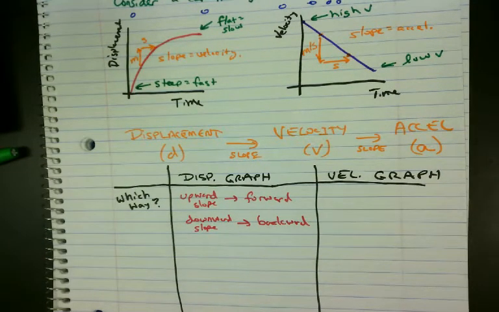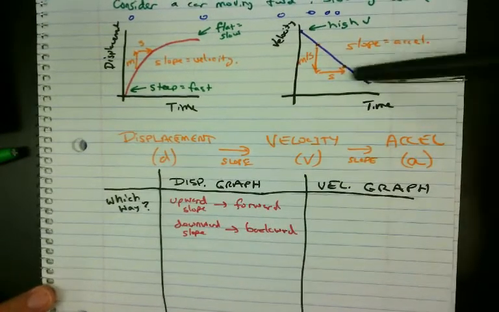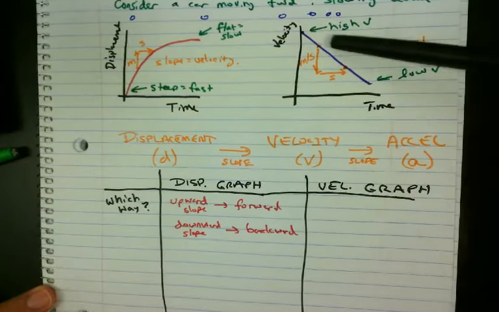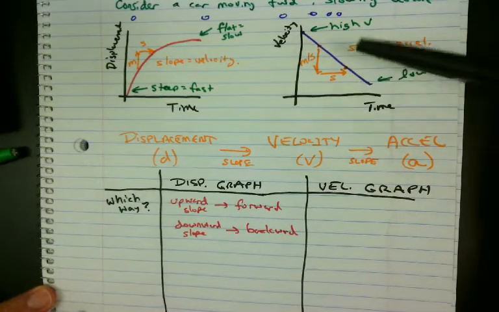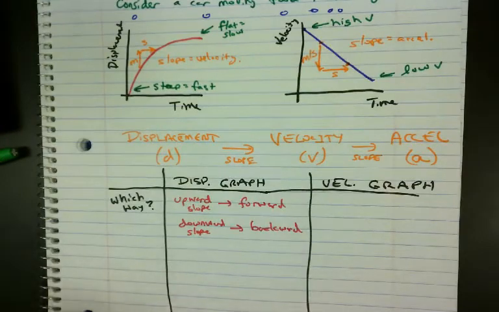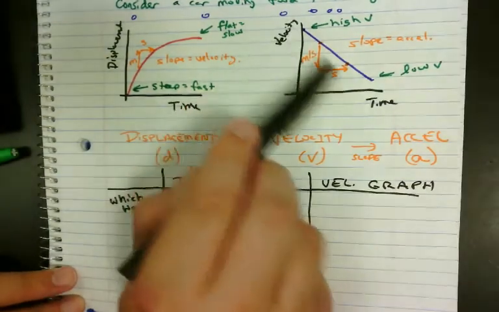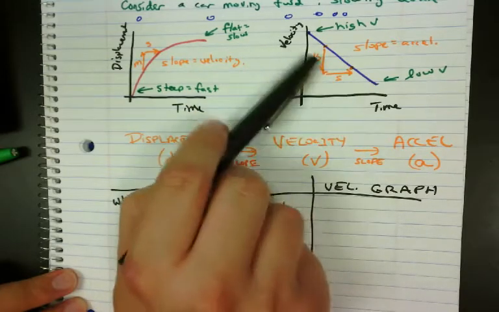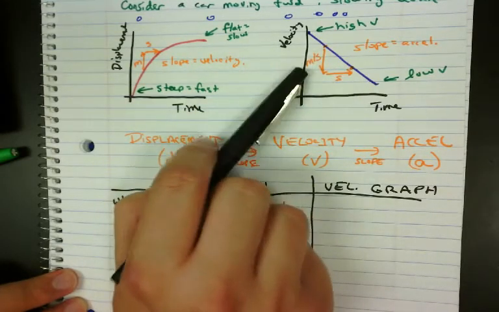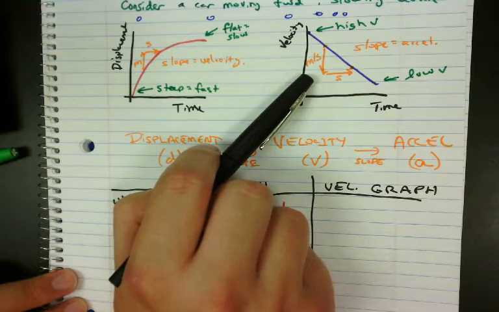Now, a velocity graph can't do that, right? Because this thing's going down, but is that thing going backwards? No. Velocity graphs have to follow their own rule. How do I know that I'm still going forward here? What would it look like if I wasn't going forward, do you think? If you weren't going forward, it'd be negative.